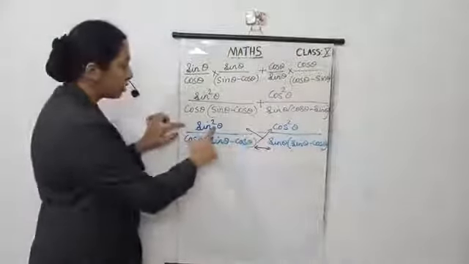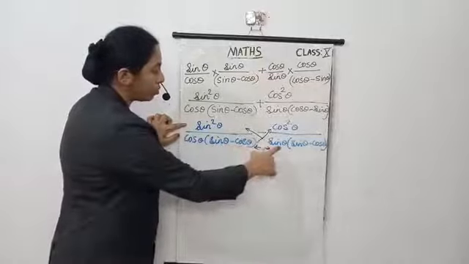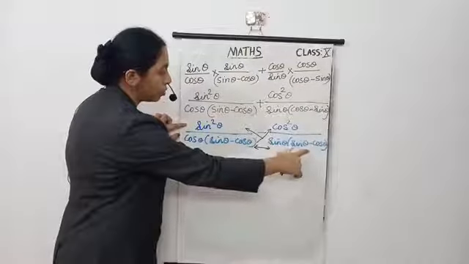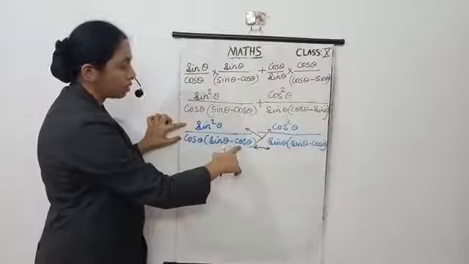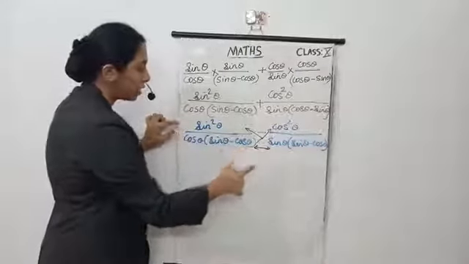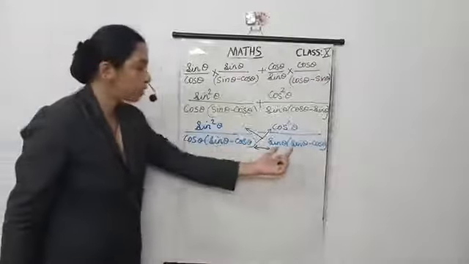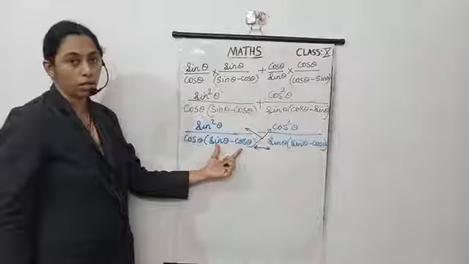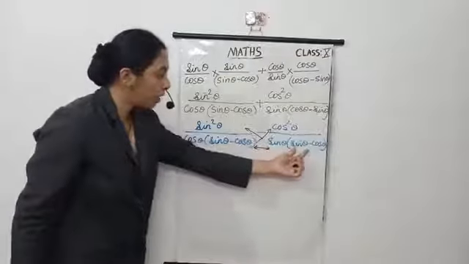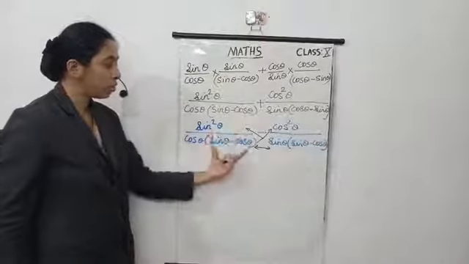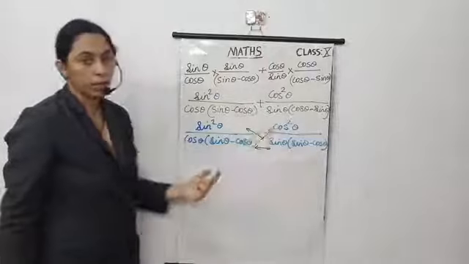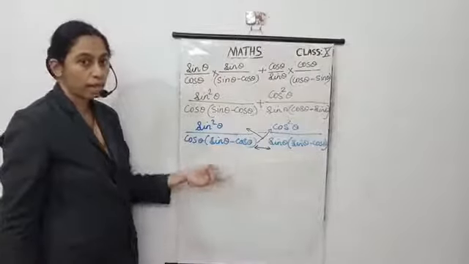Okay, so sin square theta into sin theta minus cos theta, here also sin theta minus cos theta, so this sin theta minus cos theta is in both denominators, so no need to multiply with this, only with this sin theta, because this portion is in both the denominators, so they already cancelled.